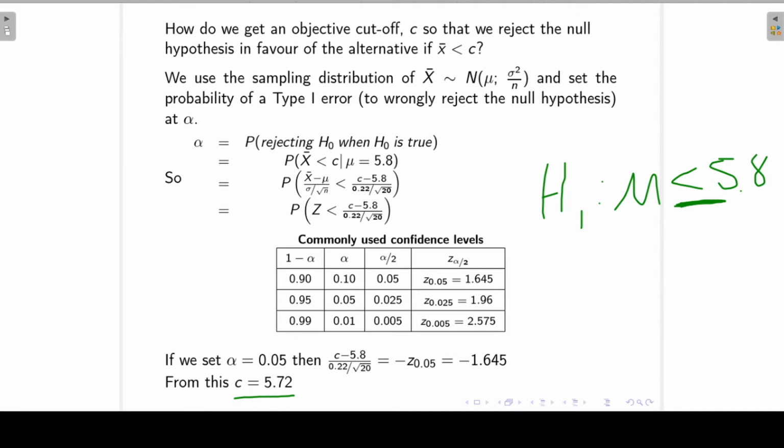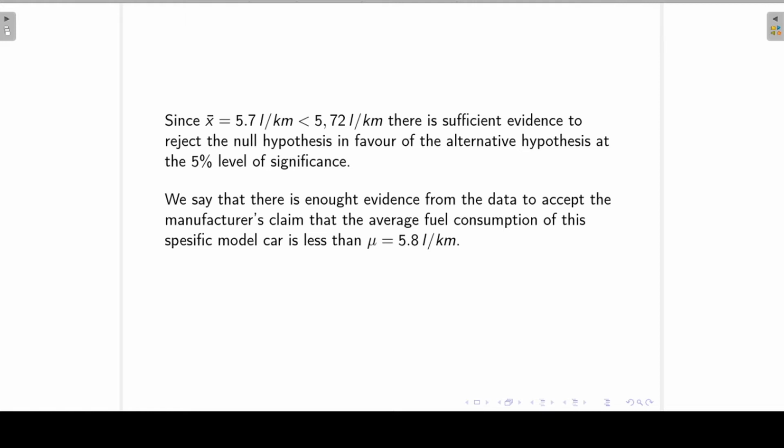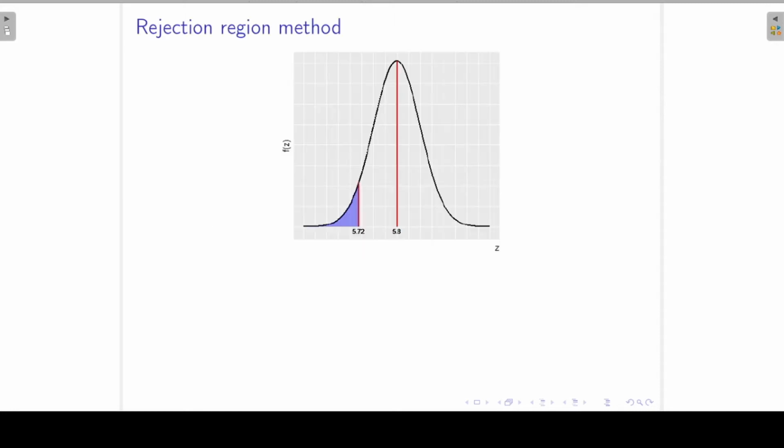Okay, and our sample mean was 5.7, which is less than 5.72. So that is why we rejected the null hypothesis and then came to our final conclusion. And this is how far we got in the previous lecture. So that is also illustrated here in this graph.